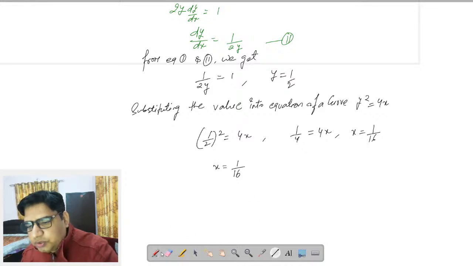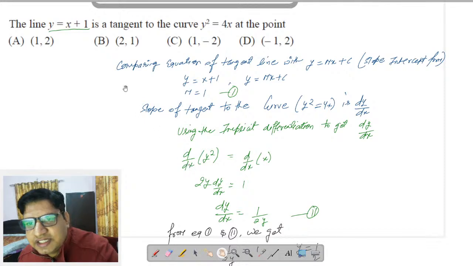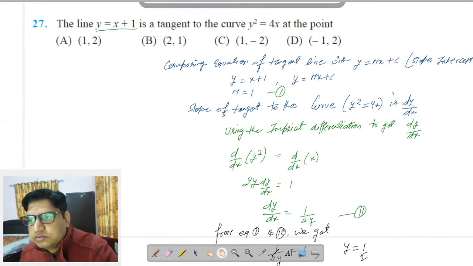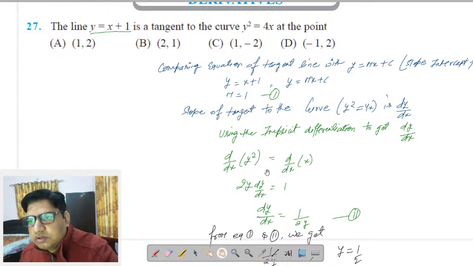So the point that we were supposed to find, where the line is a tangent line, is x is equal to 1/16 and y is equal to 1/2.